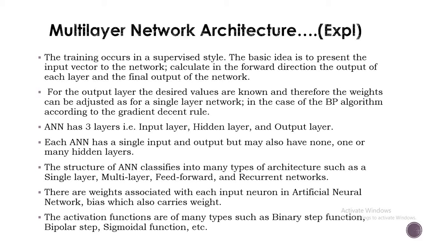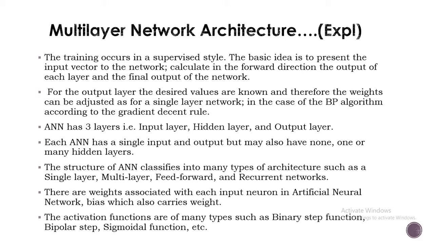An artificial neural network has three layers, that is the input layer, hidden layer and output layer, that we have already seen. Each artificial neural network has a single input and output but may also have none, one or many hidden layers. The structure of an artificial neural network is classified into many types of architecture such as single layer, multi-layer, feed-forward, and recurrent networks.